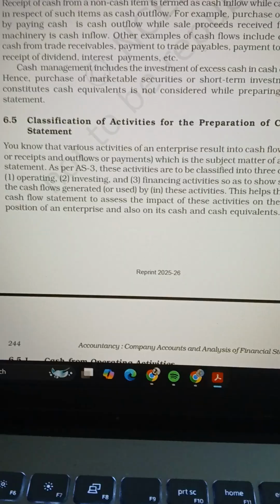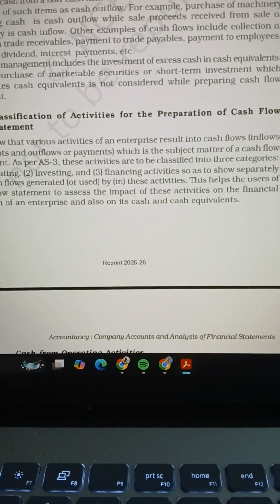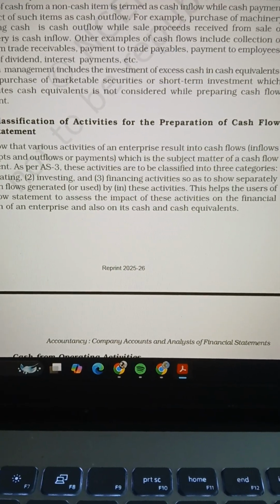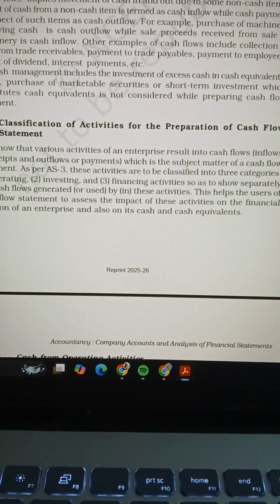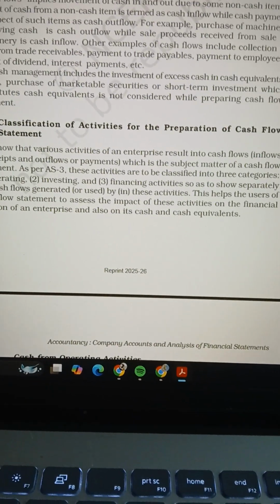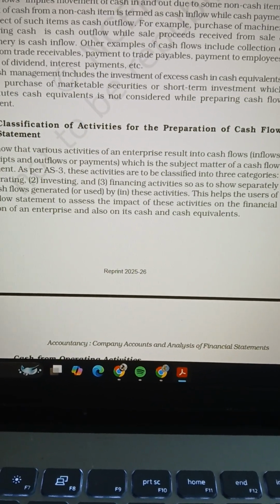We know that various activities of an enterprise result in cash flows, that is inflows or receipts and outflows, also known as payments, which is the subject matter of a cash flow statement.